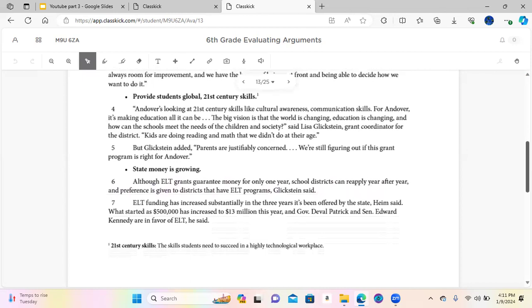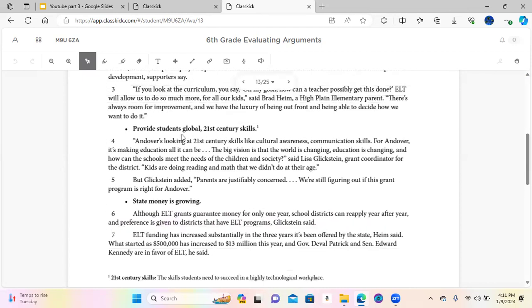The second argument is that it provides students global 21st century skills. Andover's looking at 21st century skills like cultural awareness, communication skills. For Andover, it's making education all it can be.